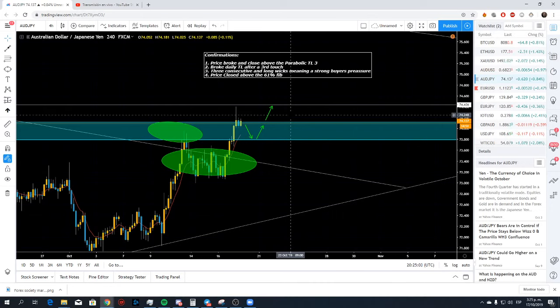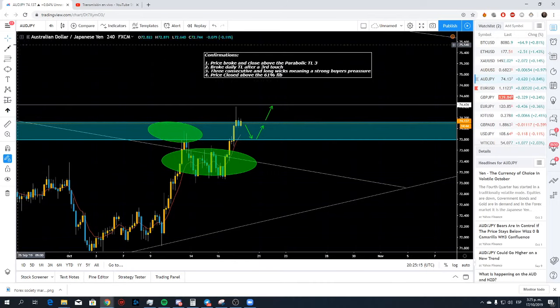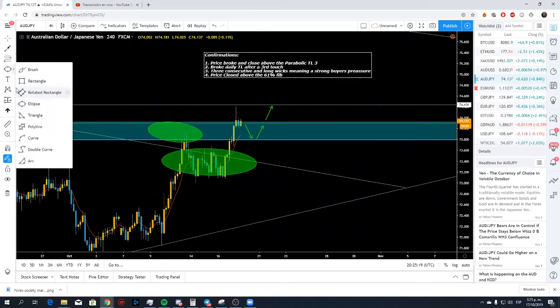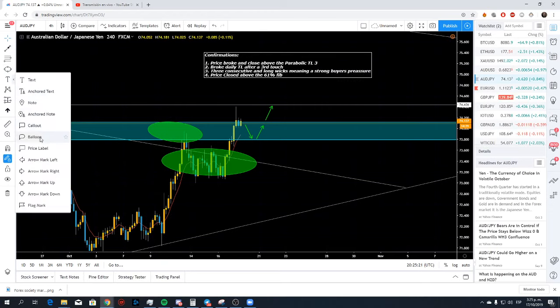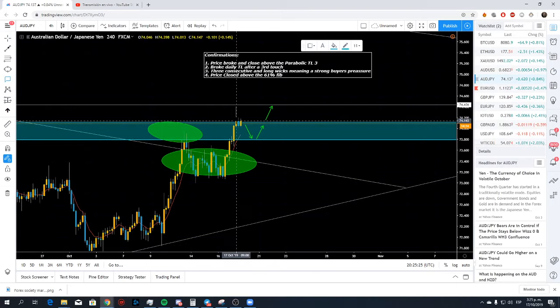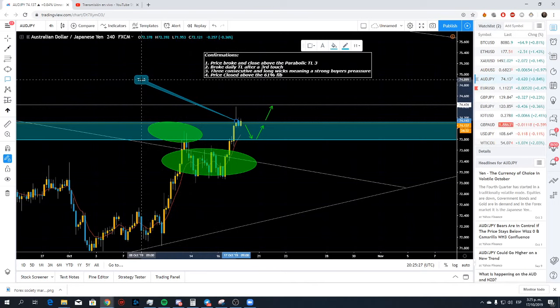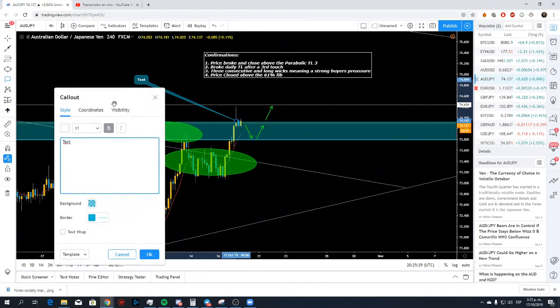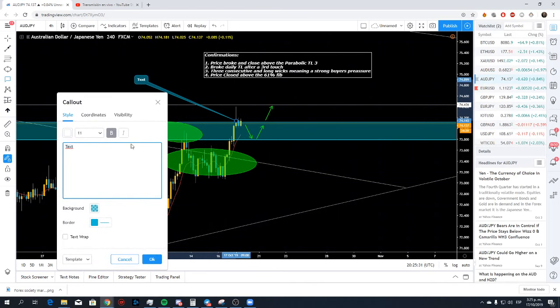So what we will do, that's if price can't close above these previous candles' highs. Let me write it down, guys.